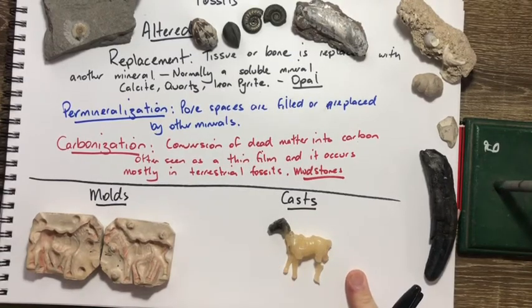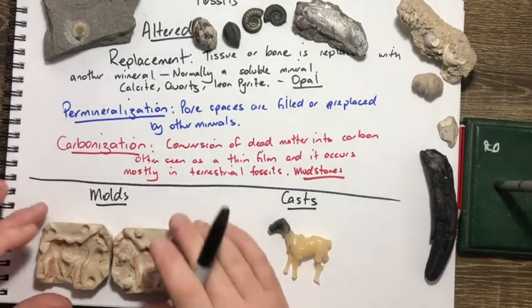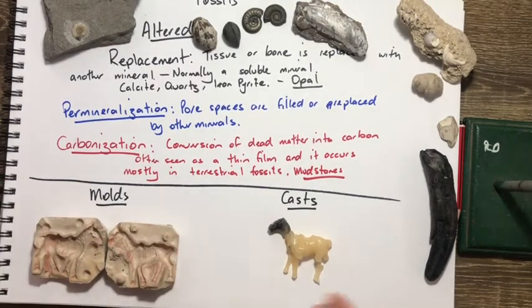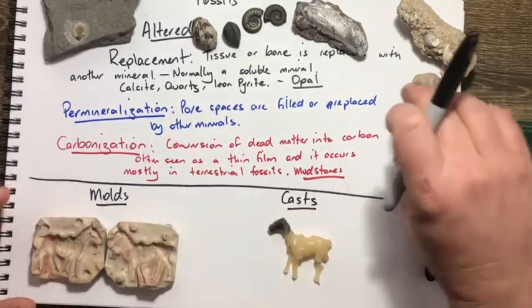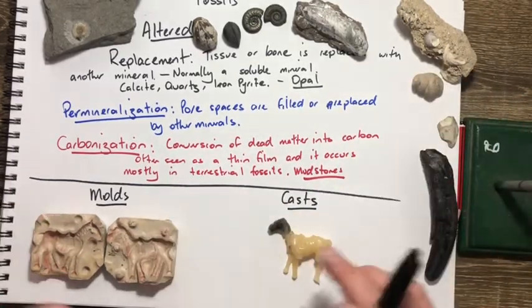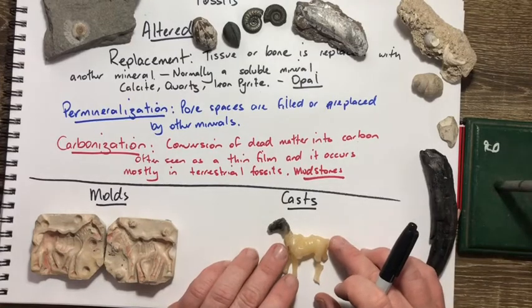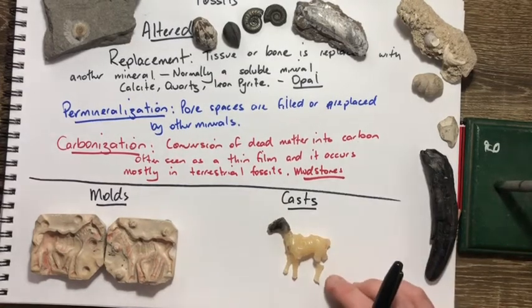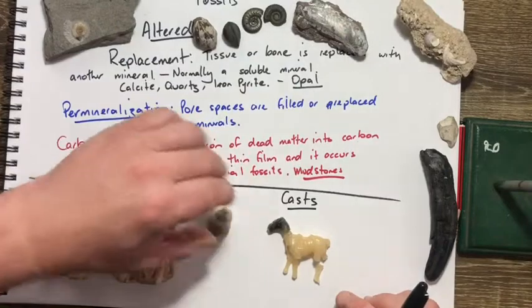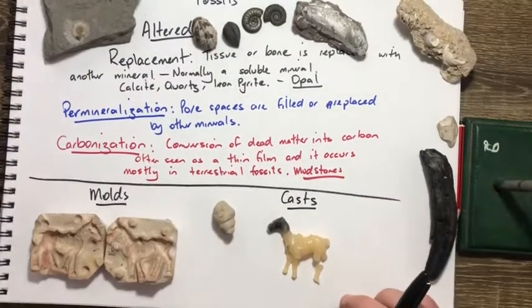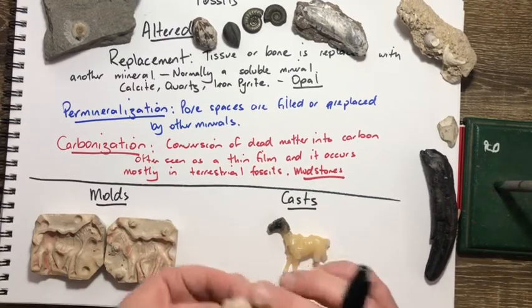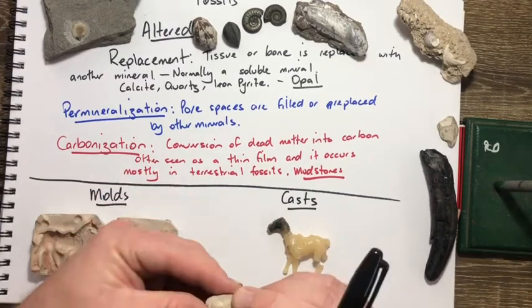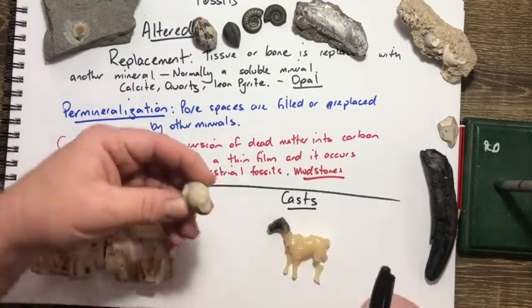Okay, the mold is a perfect reproduction of the inside of something, and then the cast is that duplicate of the original. An example of this is this little shell here. I don't even know what you call these shells, but one of the little shells that you might get a little hermit crab living in.